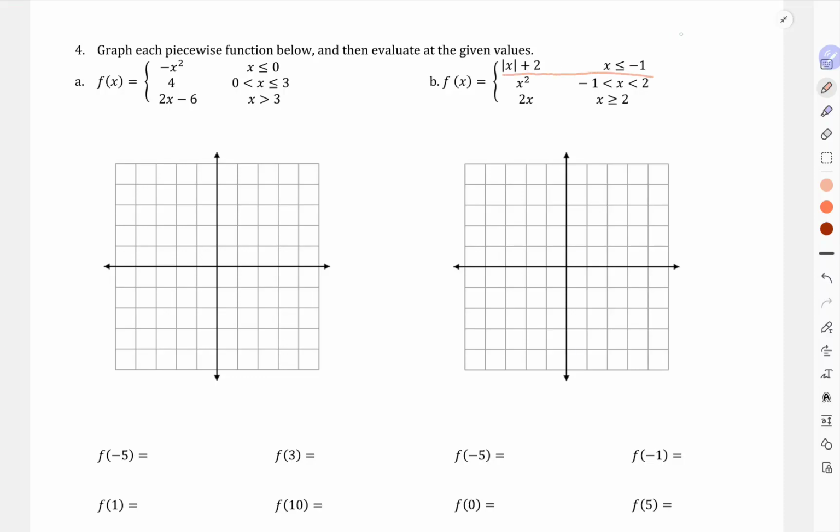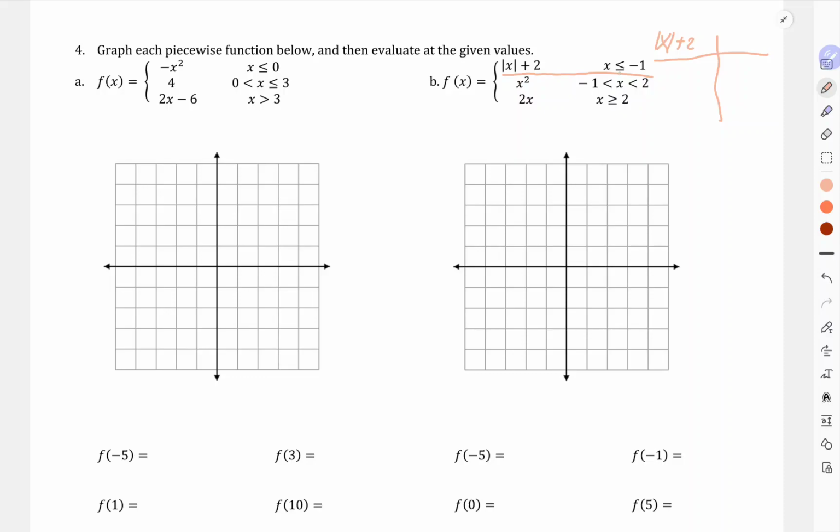Let's take it piecewise, right? X plus 2, right? That's absolute value. You already know it's a V shape like this, but let's see how it turns out on the paper. Well, that is a bit crooked.